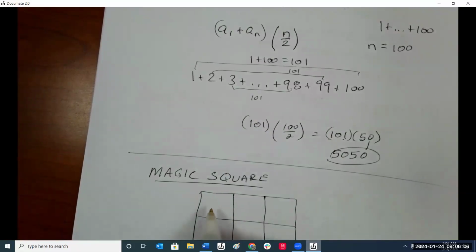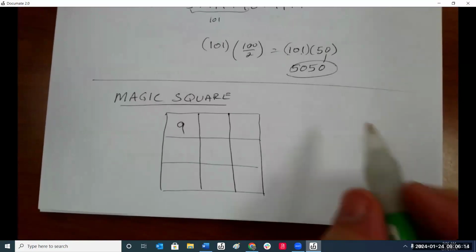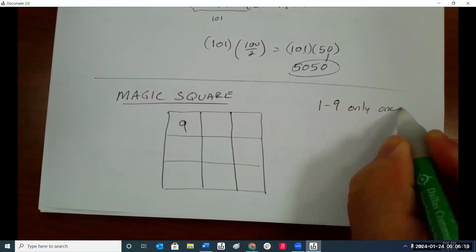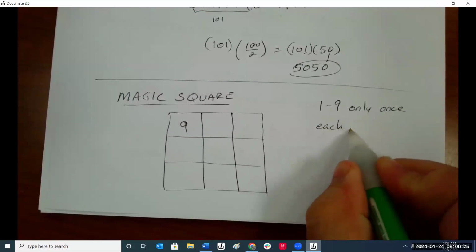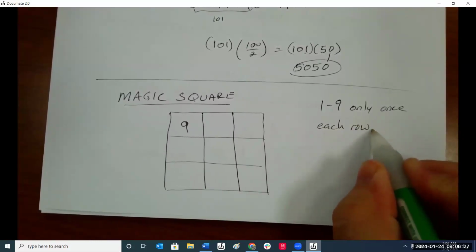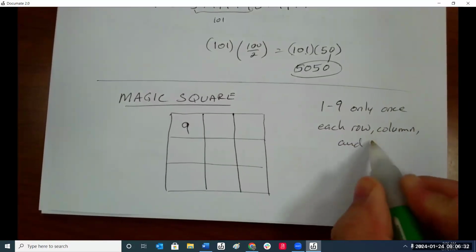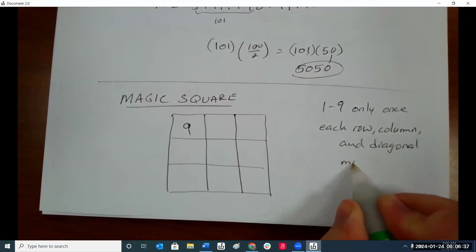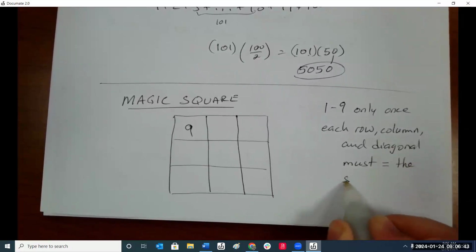Let's see. Because in here, the magic square is this. You can only use the numbers 1 through 9. Only once. Each row, column, and diagonal must equal the same number.